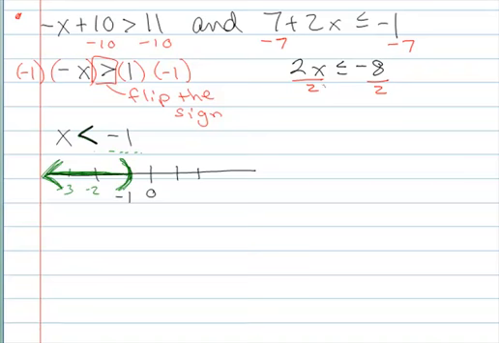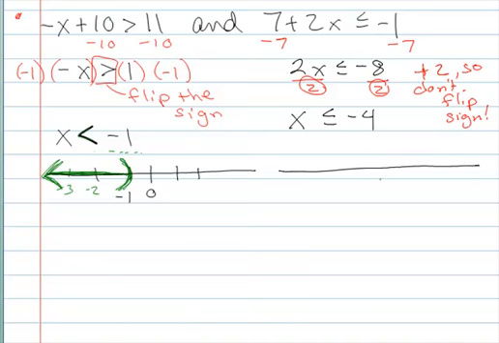But because this here is positive 2, don't flip the sign. So 2x divided by 2 is just x, less than or equal to negative 8 divided by 2, which is negative 4.